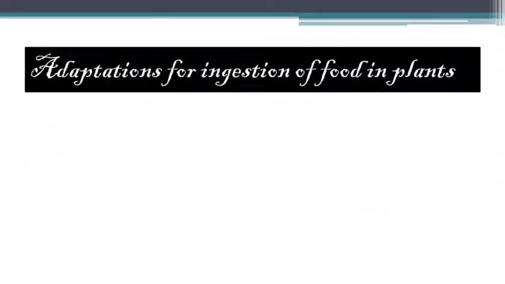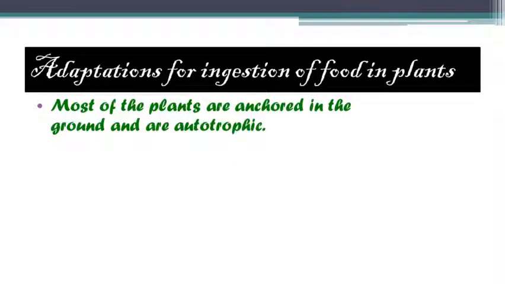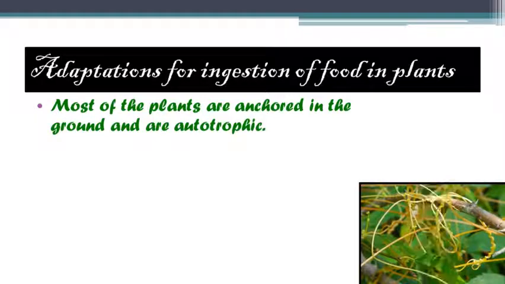So we have the next type, that is adaptation for ingestion of food in plants. Ingestion means taking food into the body by swallowing or absorbing it. Most of the plants are anchored in the ground and are autotrophic. Autotrophic means the plants can prepare their own food in the presence of sunlight.